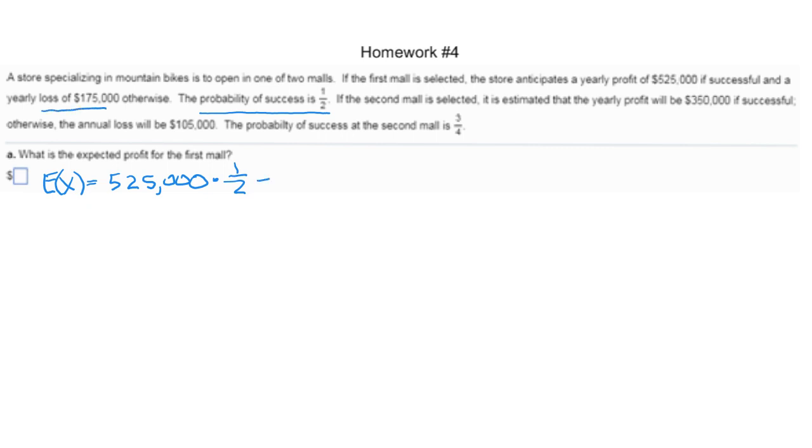So this would be a subtract $175,000 times its corresponding probability, which is also going to be 1/2. We have 1/2 possibility of success and 1/2 possibility of failure. So when we calculate this out, we come up with an expected value of $175,000. And this is for mall number 1.